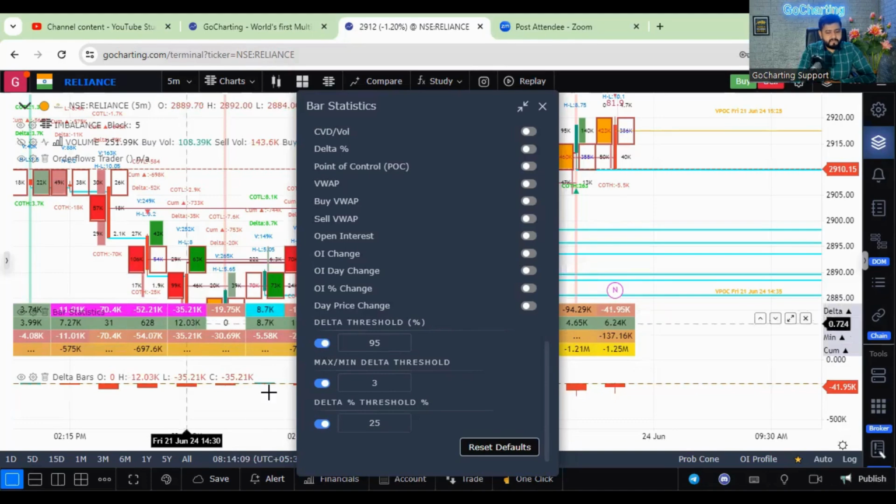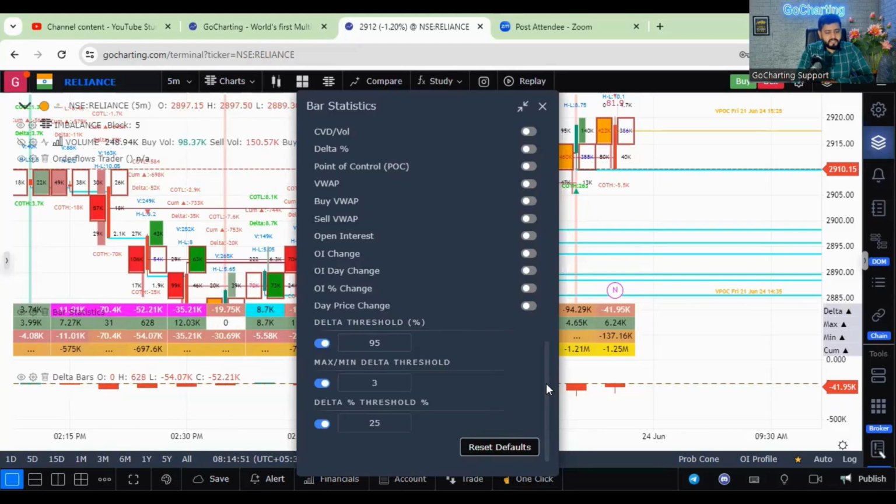Now you see here, for this particular candle, what is the delta? The delta is minus 35.21. And what is the minimum delta? The minimum delta is also minus 35.21 and the closing delta is also minus 35.21. So it is almost equal, so it is greater than 95%. That is why it has been highlighted in this particular color.